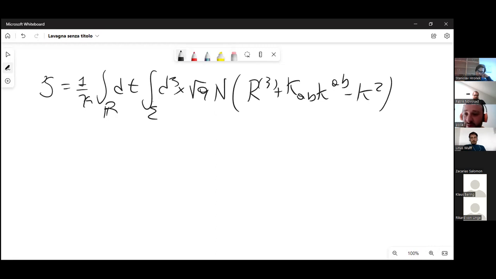Where I remind you that this K here is just K_AB Q^AB. Now, we also used such a formula.